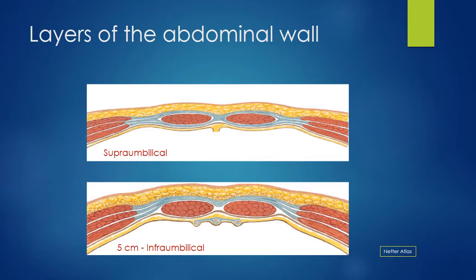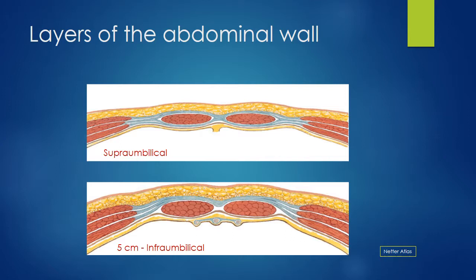The internal oblique splits into two and goes on either side, the front and the back of the rectus abdominis, and the transversus abdominis goes behind the rectus muscle, forming the rectus sheath, and they meet again in the midline, forming the linea alba.